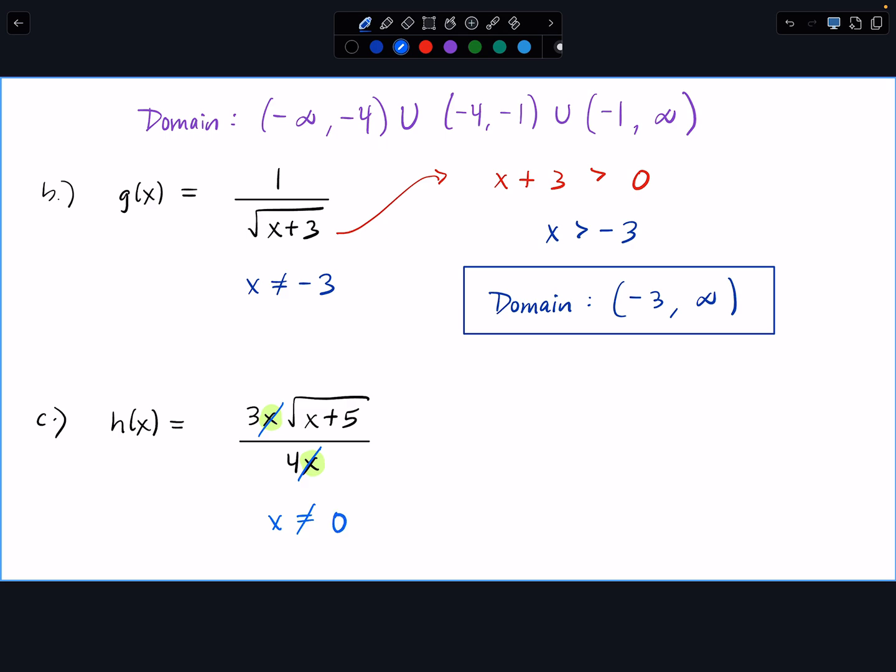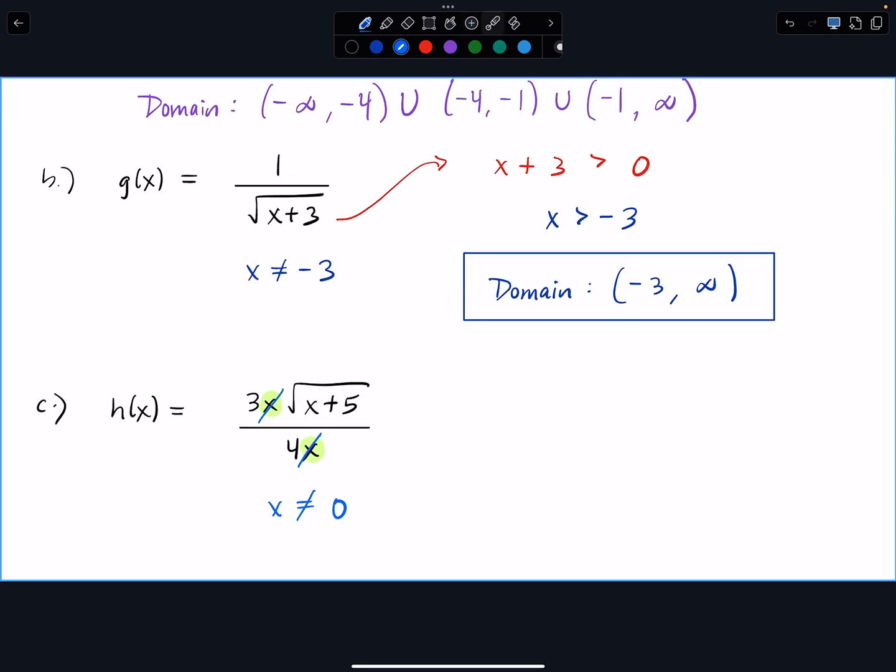Because you guys agree if I plugged in 0 here, 4 times 0 gives me 0, right? Now, we still have this radical. This time it's on top. Remember, we want the inside of the radical to be what? Positive or 0. So we want x plus 5 to be greater than or equal to 0. Okay? If I subtract 5 from both sides, that means x is greater than or equal to negative 5.